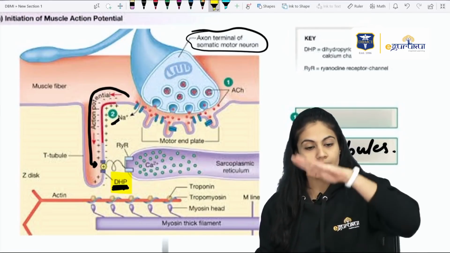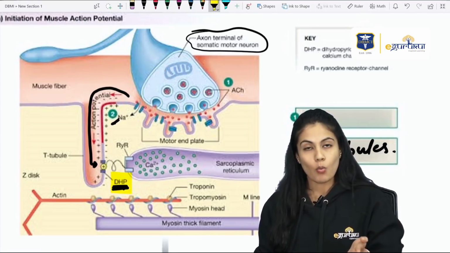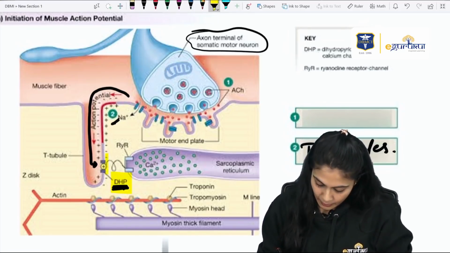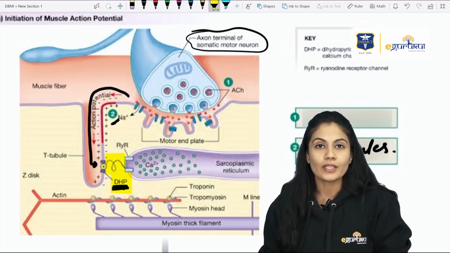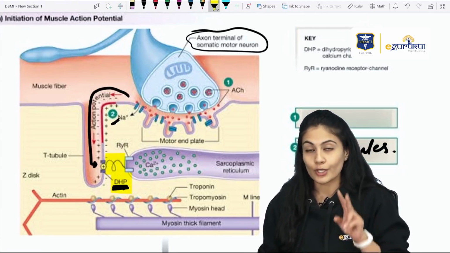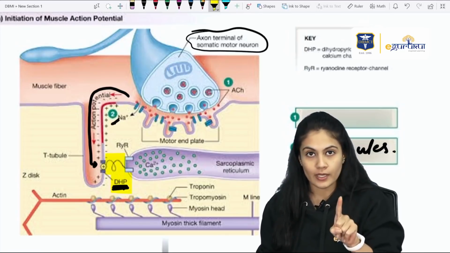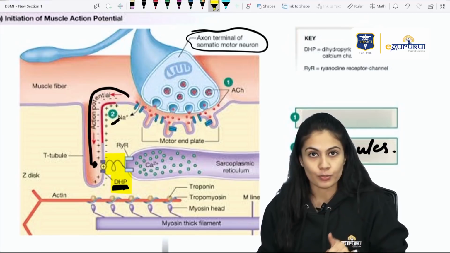What happens? This action potential will stimulate the DHP. What is the role of DHP? DHP is mechanically attached, remember, to the RYR, the ryanodine receptors on the sarcoplasmic reticulum. So there are two channels. One is the DHP, which is voltage gated, and that's why it got activated or stimulated because of the action potential.